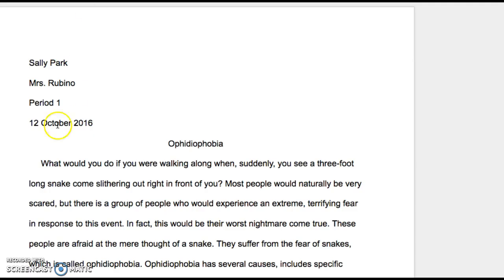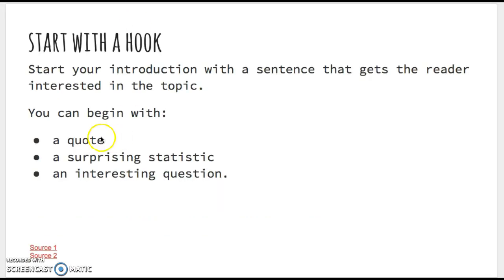In the sample essay, the hook is a question, and it engages the reader and gets them wanting to read more. You can start with a question, a quote that you like that's related to your topic, or a surprising statistic that you researched on your own. So that's the first thing we open our informative essay with, a hook.